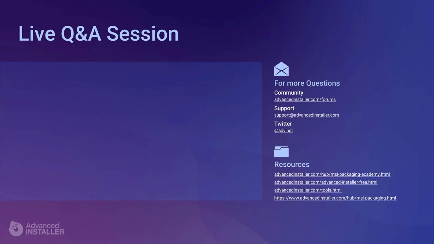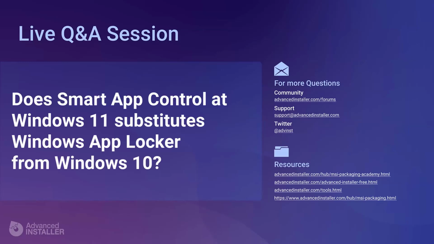And I think this is the last question. There was an initial question from Albert regarding Smart App Control. Does Smart App Control on Windows 11 substitute the Windows AppLocker from Windows 10? And from what we know, the solution was presented as a combination of SmartScreen and Windows Defender support.